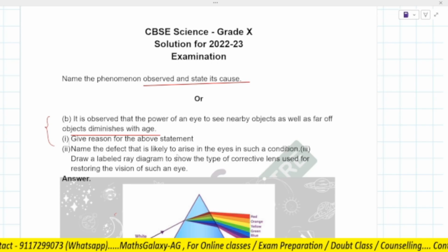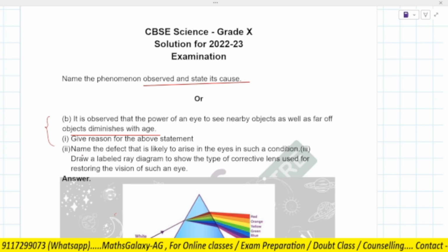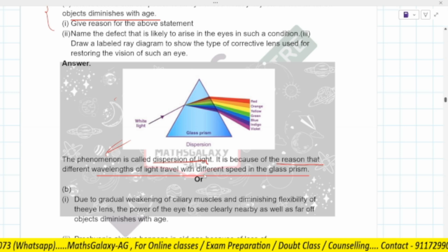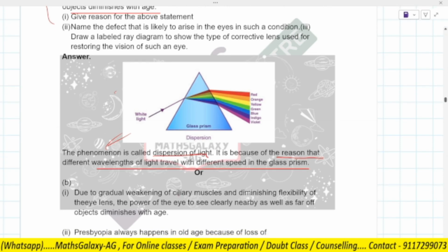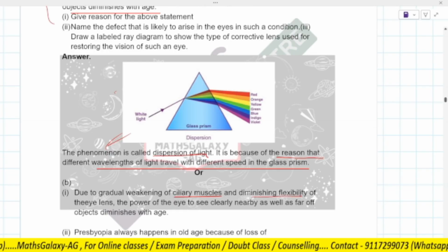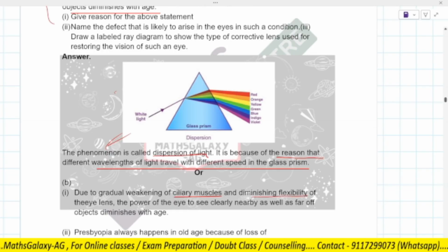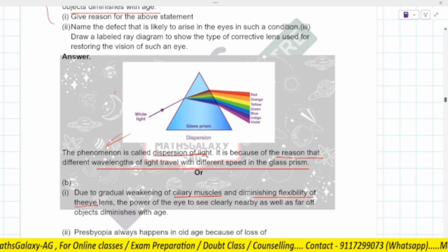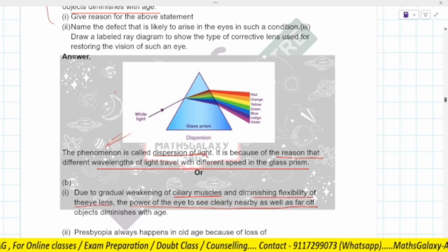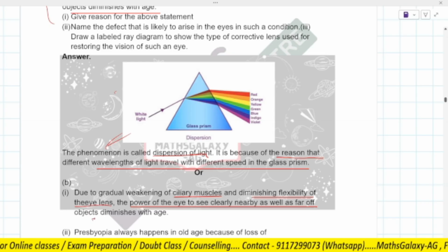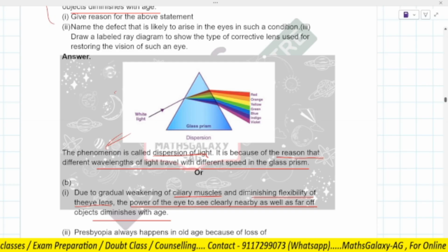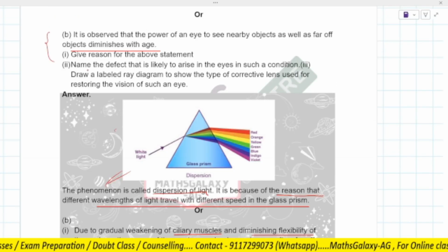Okay, let's see first its explanation. It is due to gradual weakness in ciliary muscles and diminishing flexibility of the eye lens, है ना? The power of the eye to see clearly nearby as well as far off objects diminishes with age. Okay, so here it's about the age naturally, है ना?